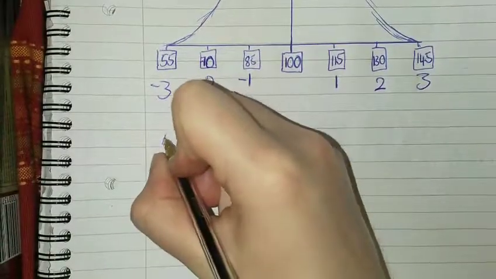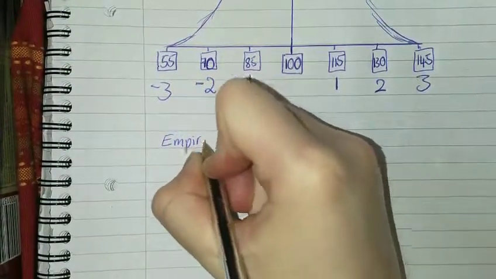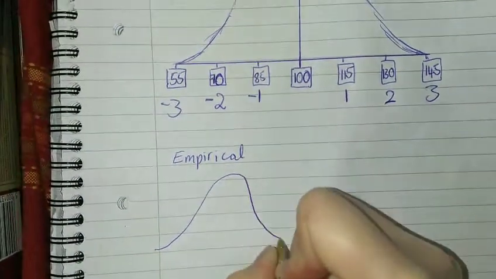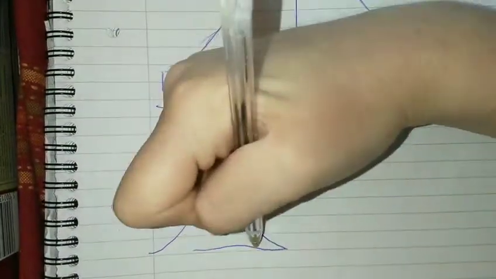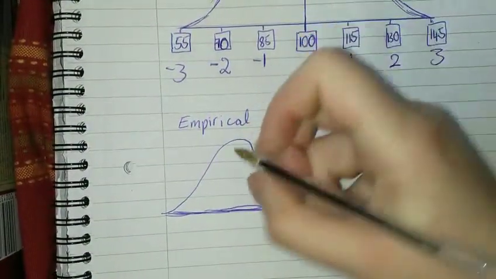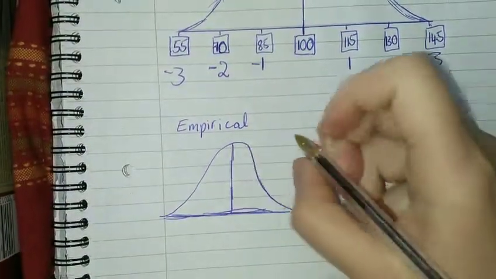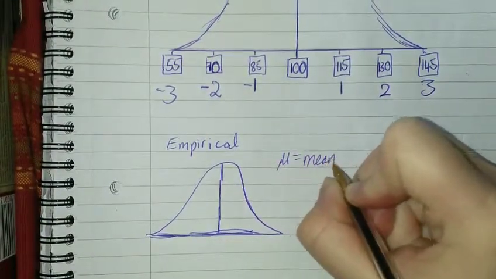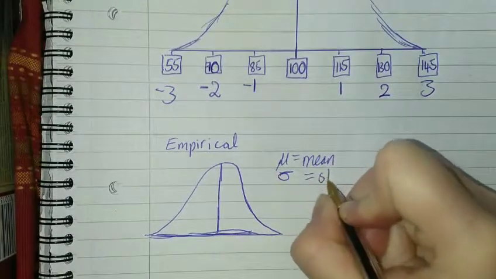What we should know about the empirical rule is that when we have a standard normal distribution, that just means it follows a bell-shaped curve, so it should be symmetrical. Say this symbol is our mean, and this is our standard deviation.